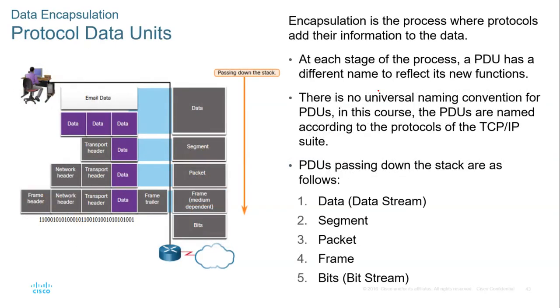So encapsulation is the process where the protocols add their information to the data in the layered architecture. When you look at this, we have what you call the PDUs. We expect application, and then the segment, it's transport.